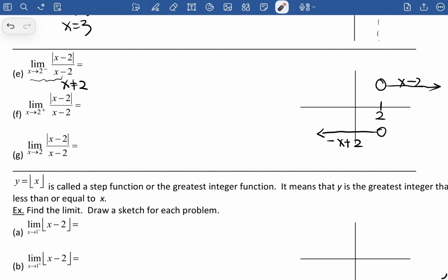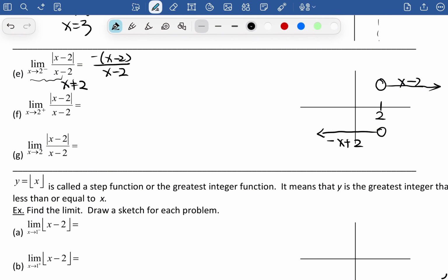We can simply cancel the absolute value sign because it's negative, right? So the whole thing will be negative (x minus 2) divided by (x minus 2). These two cancel out, and the whole thing is just negative 1. What about this one? Since it's approaching from the right, the whole function will be positive, so we can just remove the absolute value. So the value of this one is 1.